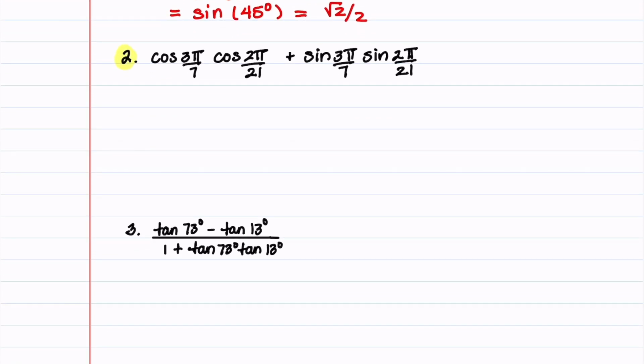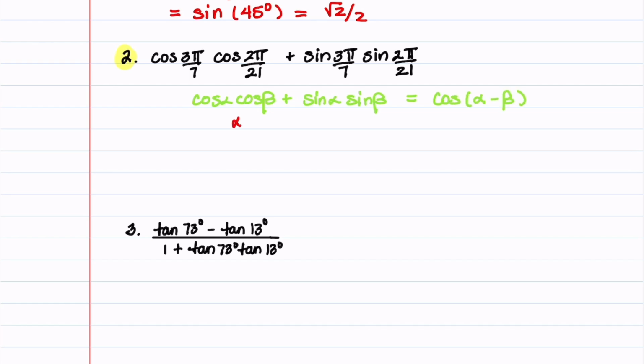Let's now look at our second example. This example looks like a cosine-cosine plus a sine-sine. So we'll write this as cosine alpha, cosine beta, plus sine alpha, sine beta. And we know that that's equal to cosine alpha minus beta.